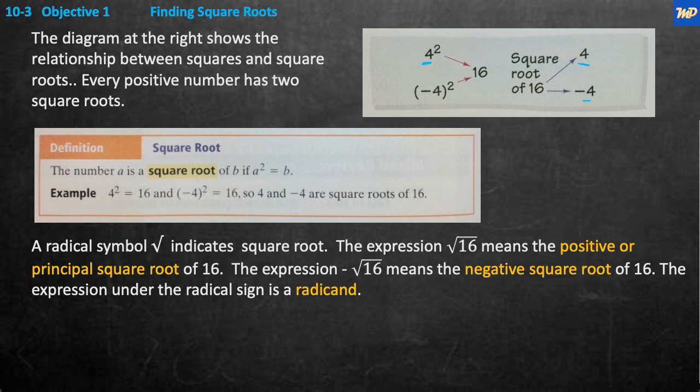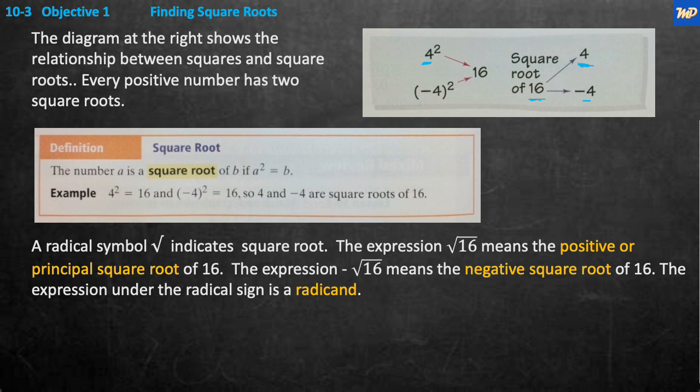The square root of b, which is 16, if a squared, the 4 squared, gives you 16, and that's what we're talking about here. So in the example, a squared is equal to 16, and 4 squared is equal to 16, and negative 4 squared is equal to 16. So 4 and negative 4 are square roots of 16.